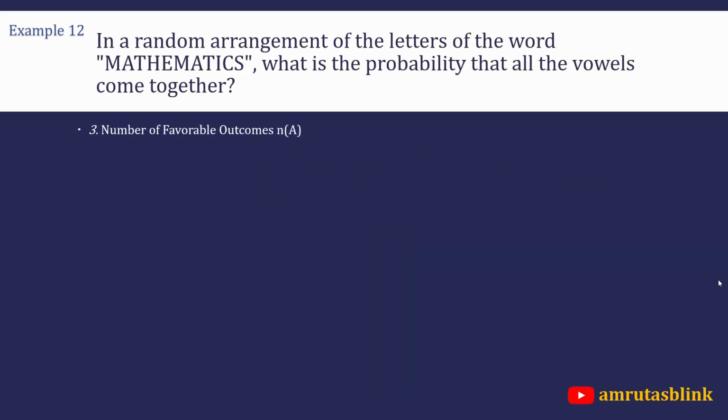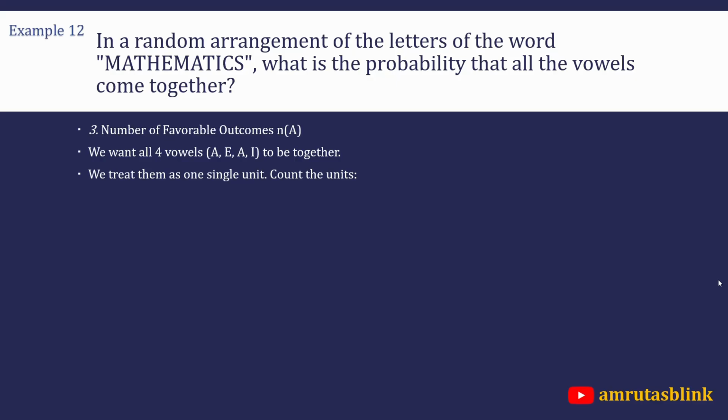Now we will look at the required arrangement. So what do we need to calculate here? What is the probability that all the vowels come together? There are 4 vowels, that is A, E, A and I, and these 4 vowels are together. So what do we need to do now? We need to consider these 4 vowels as one single unit.